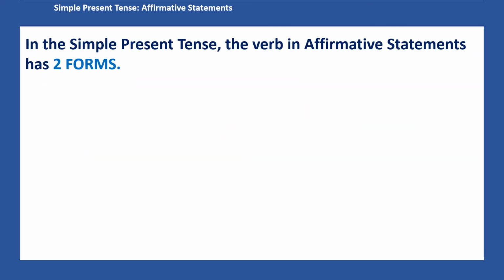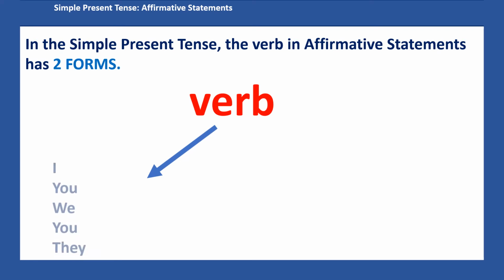The verb in affirmative statements has two forms in the simple present tense. Remember, forms means the way it looks, how you write it, and also how you say it when you speak. So let's take a look at the verb work. With the verb work, you say, I work every day.